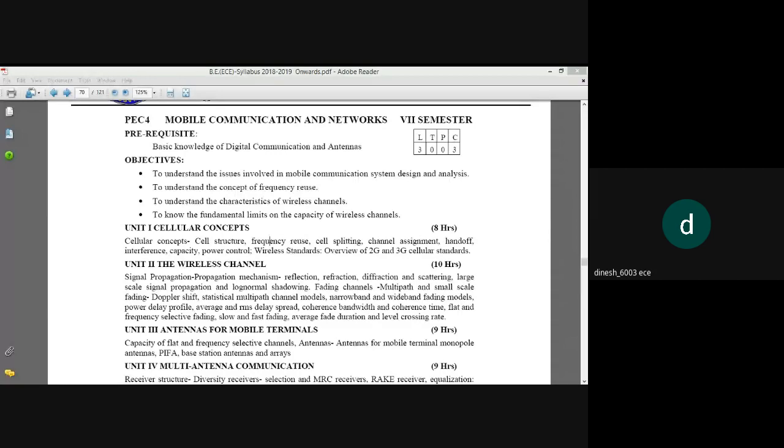So again, we need to get that much data rate or bit rate as we had when we used wired telephone cables or optical cables.